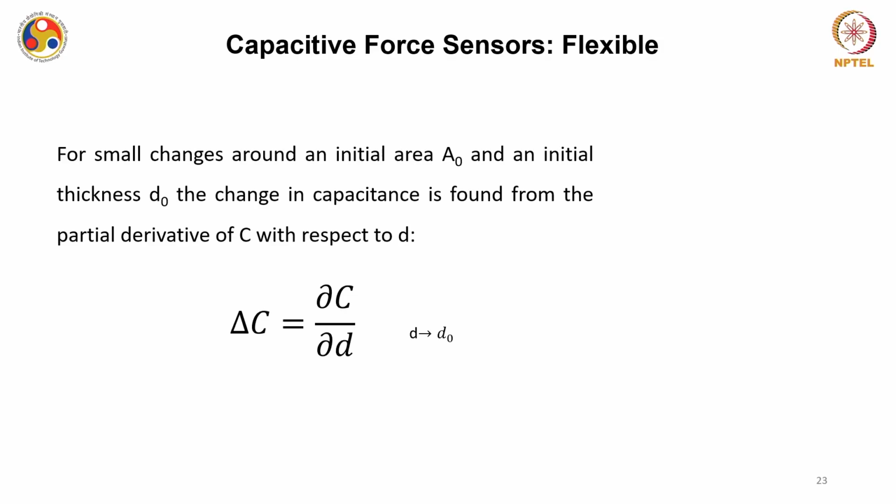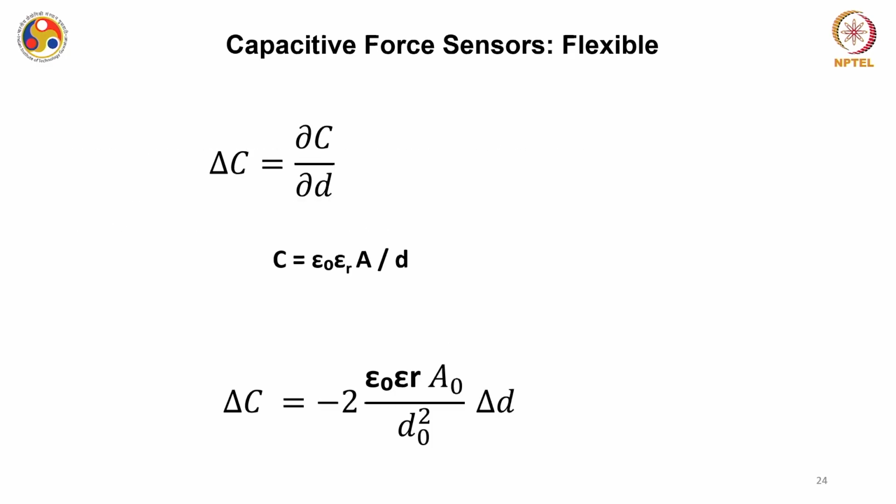So for a small change around an initial area A naught and an initial thickness D naught, the change in the capacitance is found from the partial derivative of C with respect to D, or delta C can be given as del C by del D, where D is approaching D naught. It's not 0. We are not considering it to be 0.